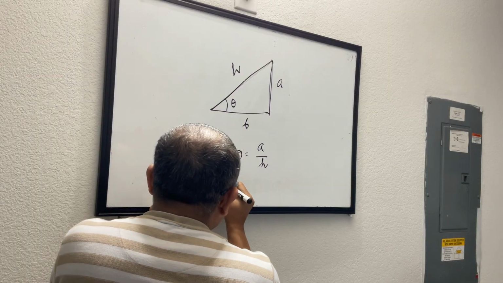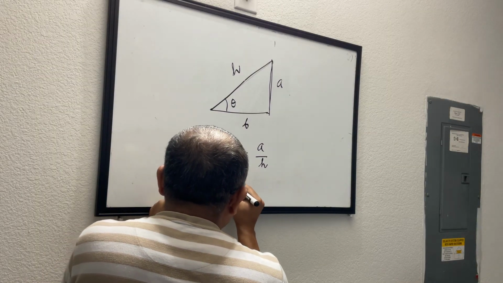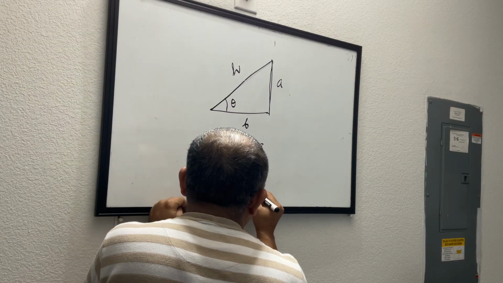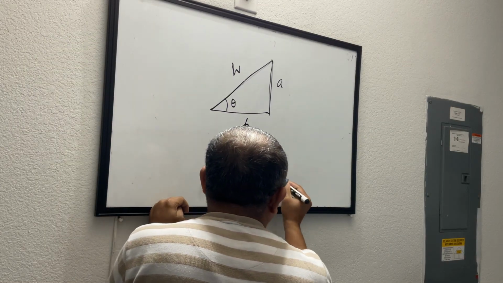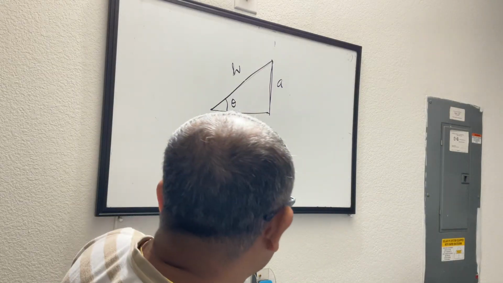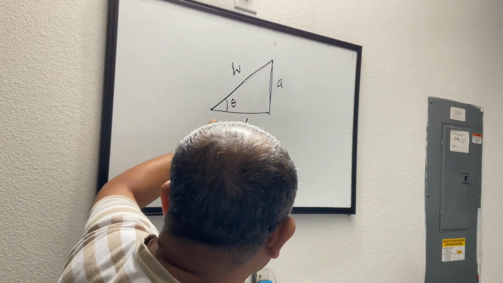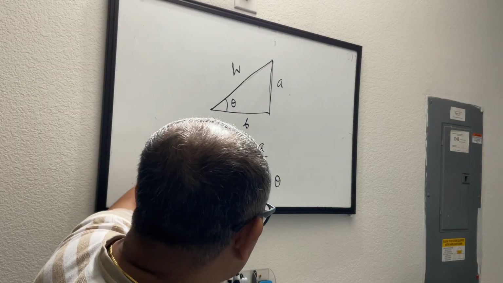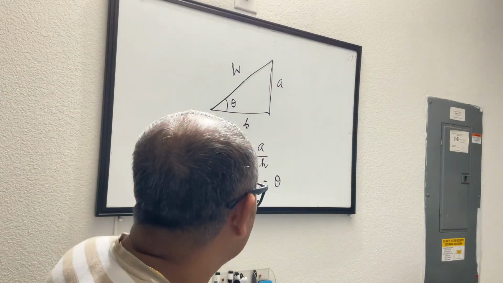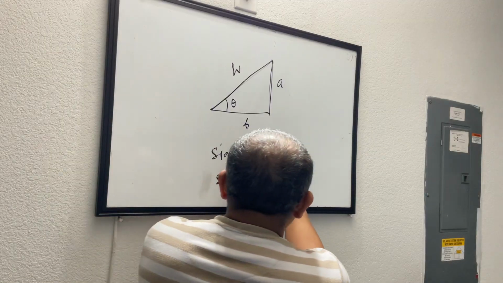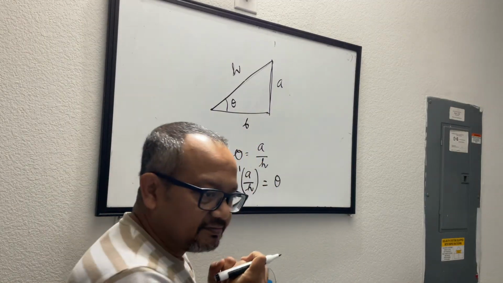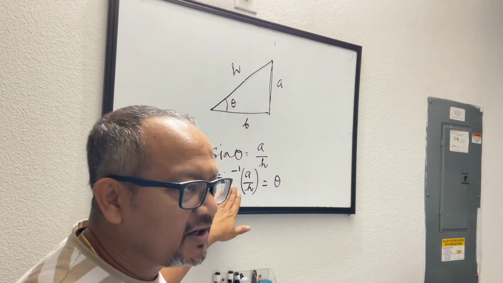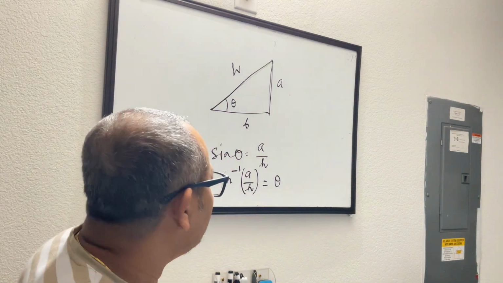I want to look at the inverse sine function. This will be equal to theta. So basically, if you know A over H, you can find out sine of theta. Or the same thing represented differently, where you can find the inverse of this, which will be equal to theta.